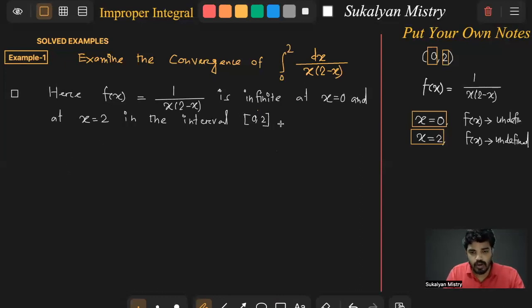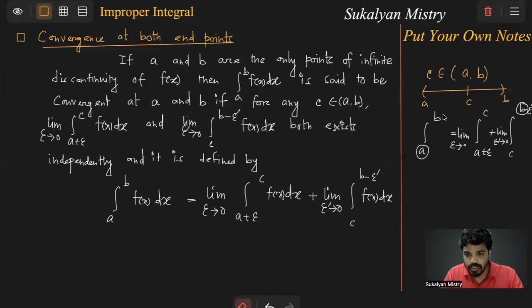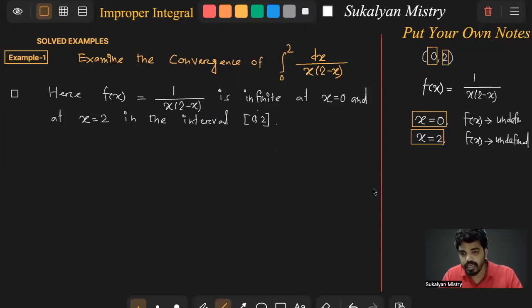Okay. So now we consider, see what we are doing: between a and b we consider any point c, right? So here, what is the interval given? 0 to 2, right? What is the interval? The interval is 0 to 2. So I consider a point 1, right? Just see the technique.